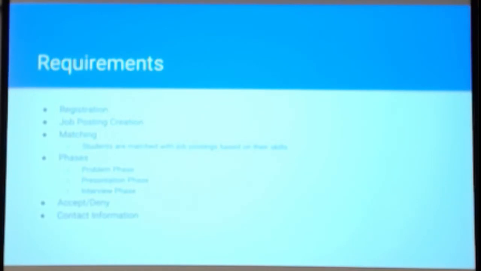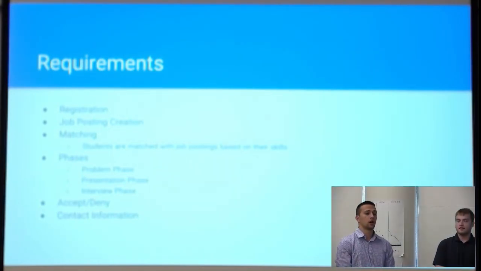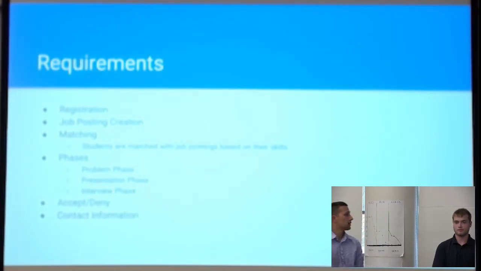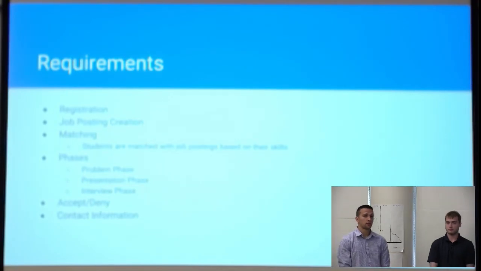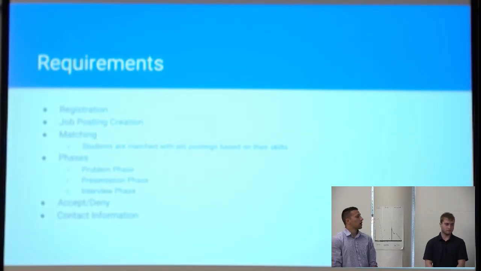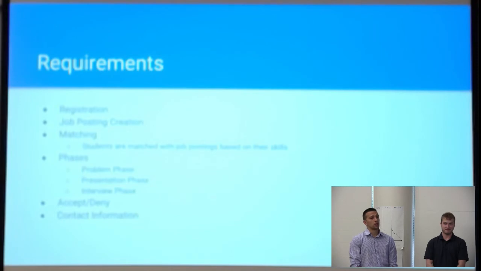We had to be able to add skills that were associated with that job posting and all other job posting information you might find in any other application. Then we had to create a matching algorithm which would match students with job postings based on their skills. And what makes our app different from other recruiting apps is the phases that the students and recruiters both have to go through.